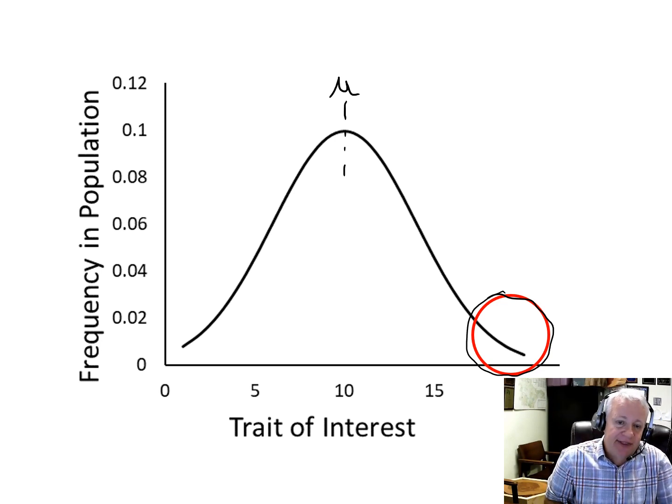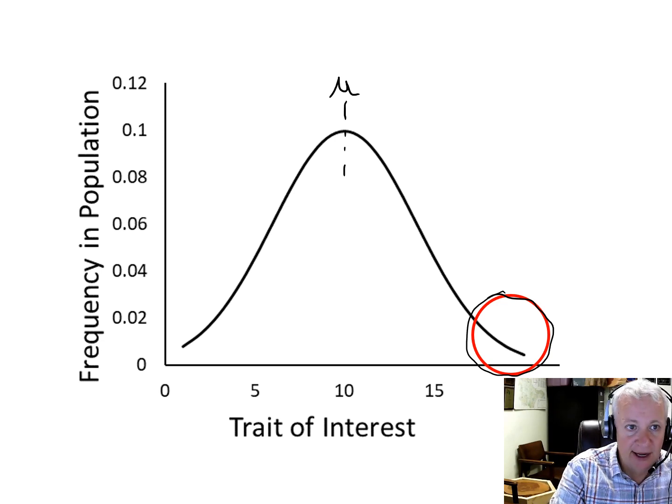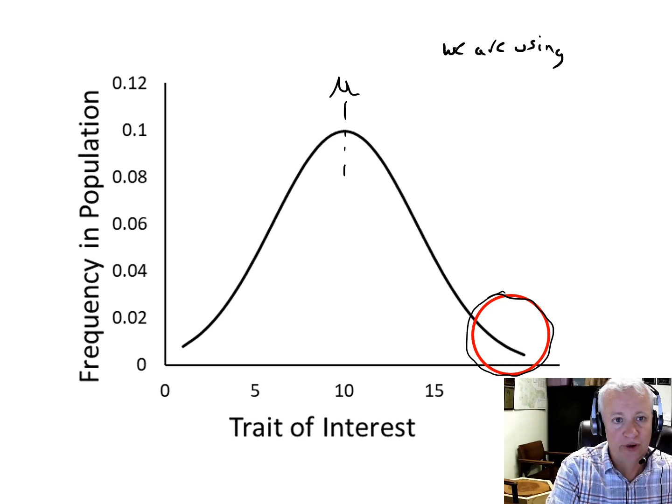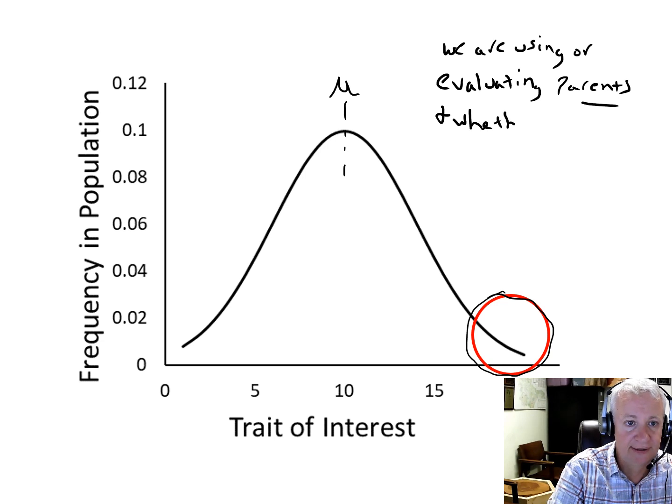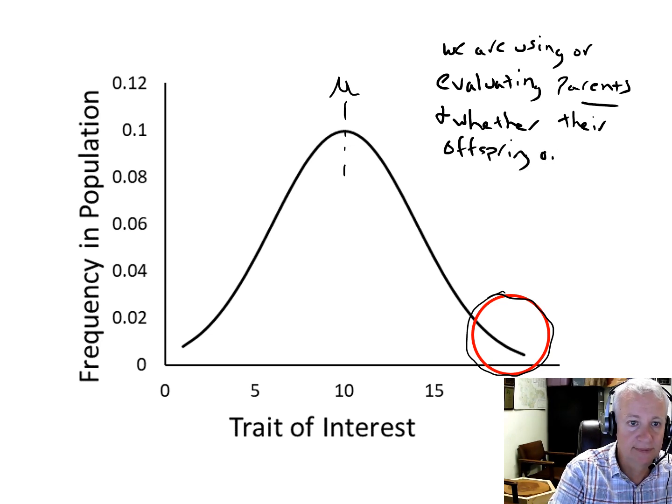And that points out another thing with tree breeding, which is that usually we are using or evaluating parents and whether their offspring or progeny perform well.